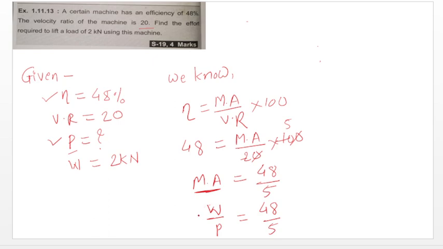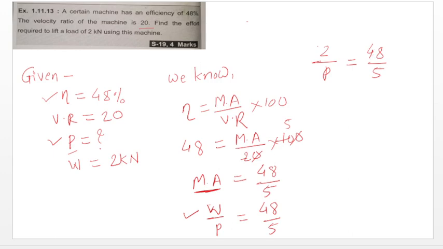The load to be lifted is 2 kilo Newton. Now put the value of this load: 2 divided by P, which I need to find out, equals 48 by 5.